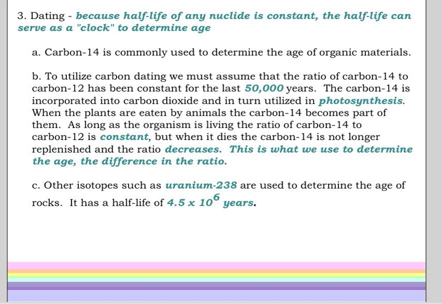We eat that carbon-14, and it becomes a part of us. As long as we're alive, we have that constant ratio. And when we die, unfortunately, we no longer replenish it, and the ratio starts to decrease. We use that ratio to figure out how old we are, how long ago we died.